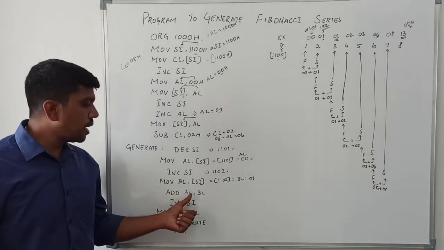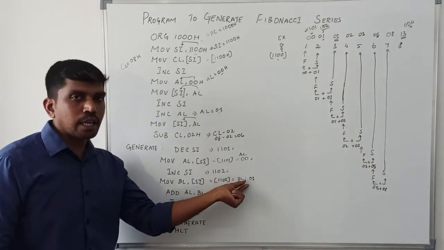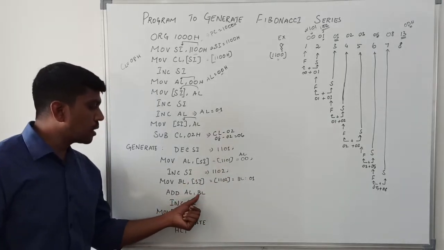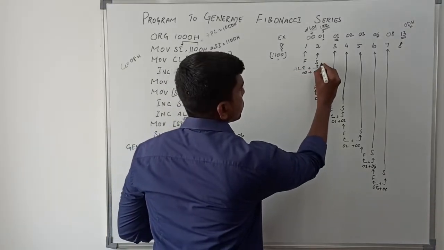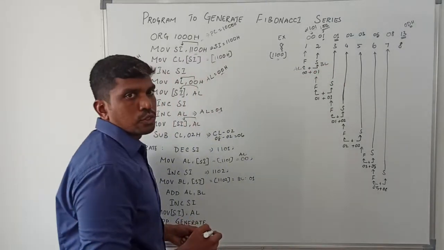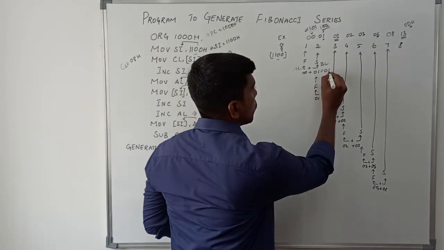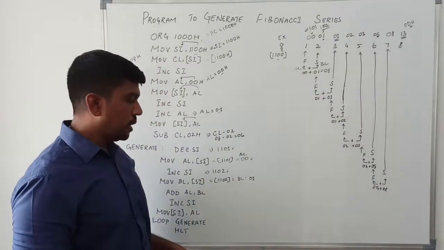Then ADD AL, BL. So for the first number and second number, you just apply the operation. ADD AL, BL: AL value is 00, BL value is 01. Just adding these two contents, the result is 01. So this 01 is stored in the register AL.